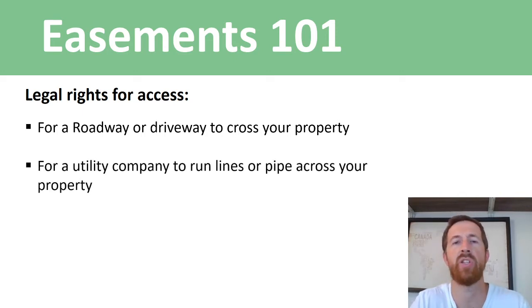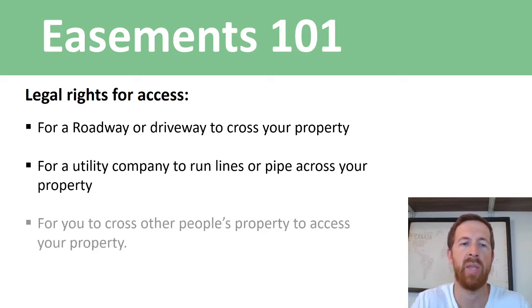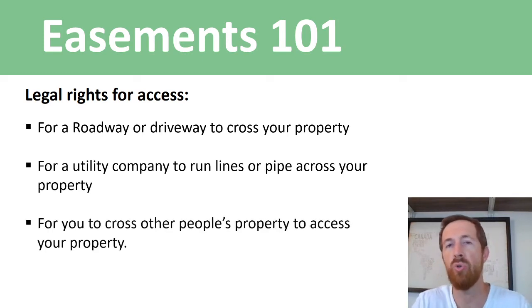Another very common one is for a utility company to put power lines or to lay a sewage pipe, a sewage main, or possibly a gas line or a water line to cross your land to provide service for others in the area. Sometimes even drainage rights can be based on an easement across your property. And then the final thing is for you to cross someone else's property in order to access your property.